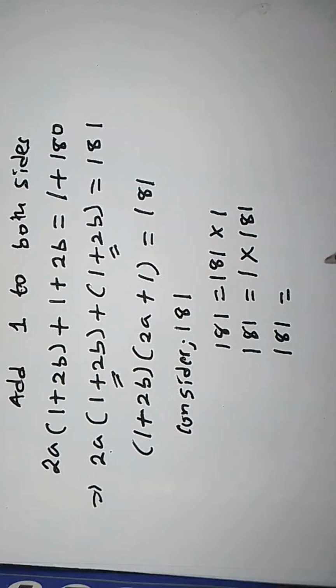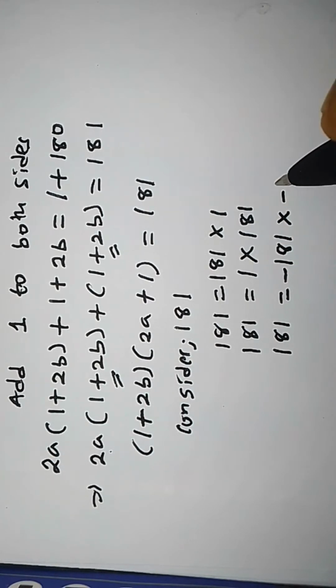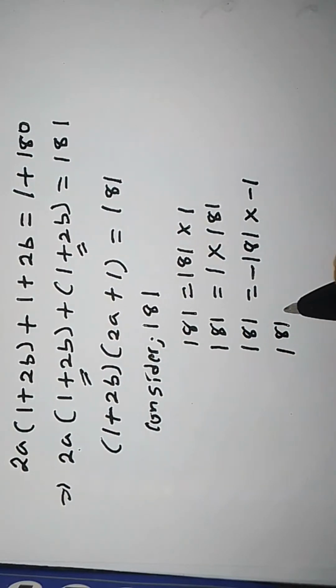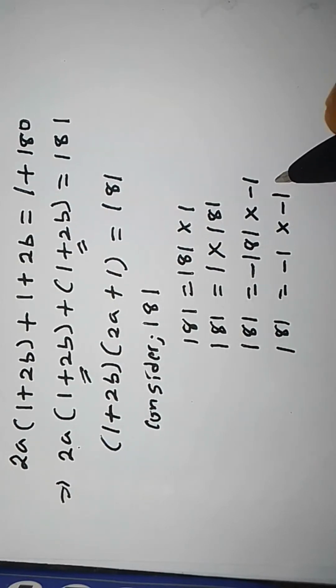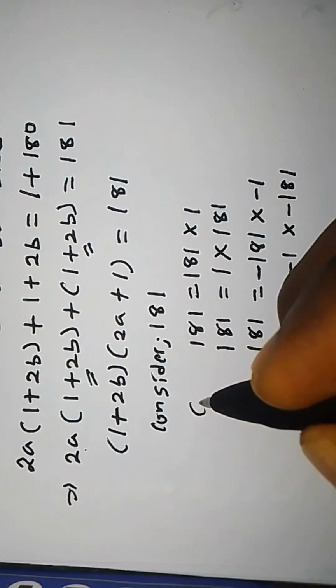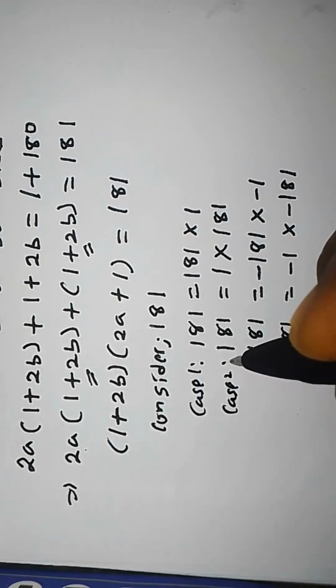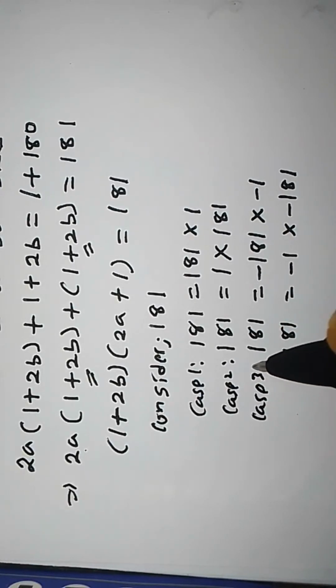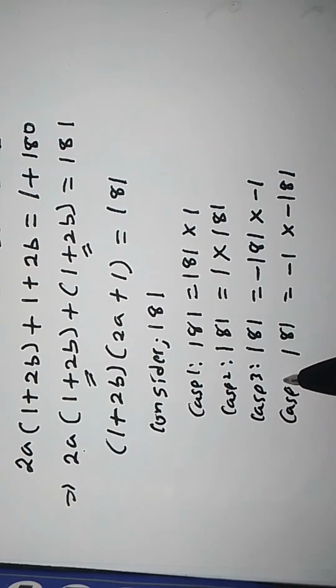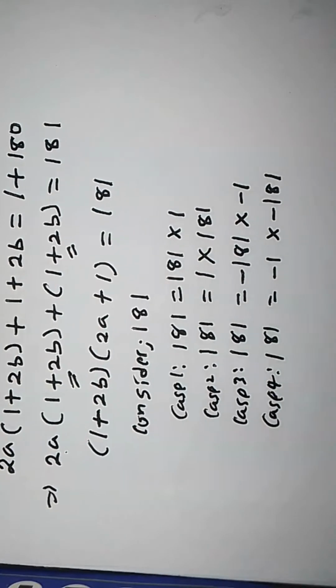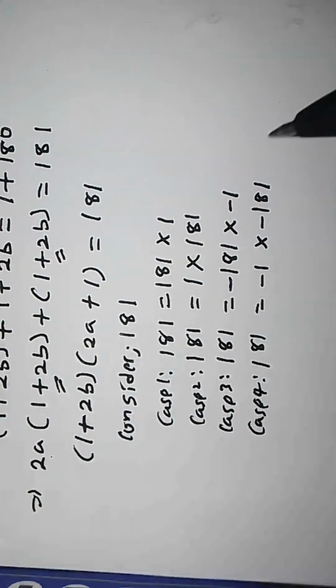We can also rewrite 181 as minus 181 times minus 1. 181 could be written as minus 1 times minus 181. Let's call this case 1 and this case 2. This one case 3 and this case 4. We will now consider each of these cases.